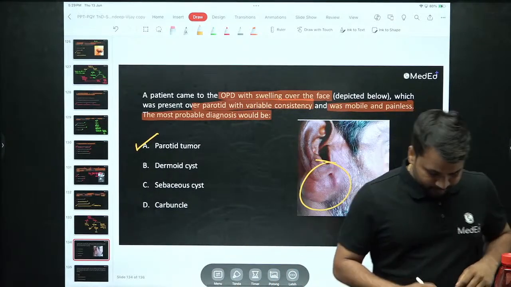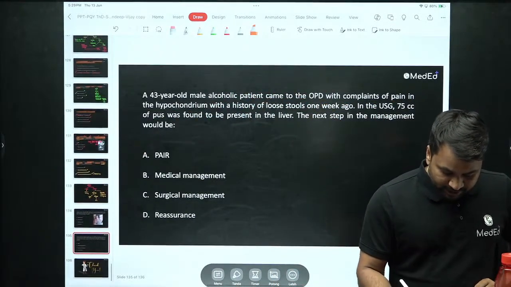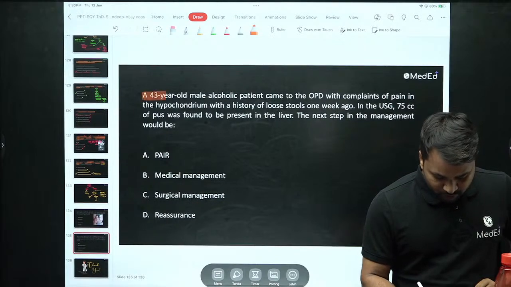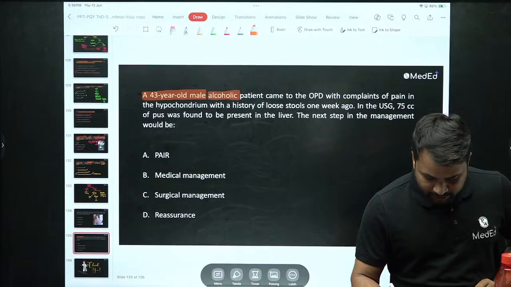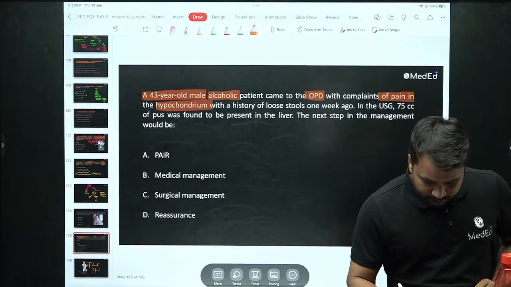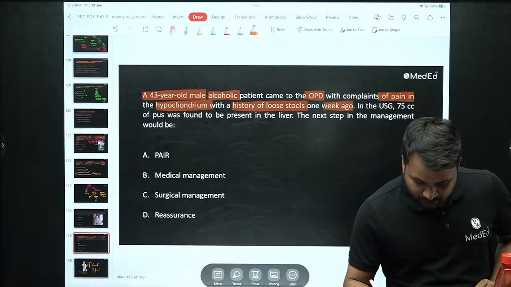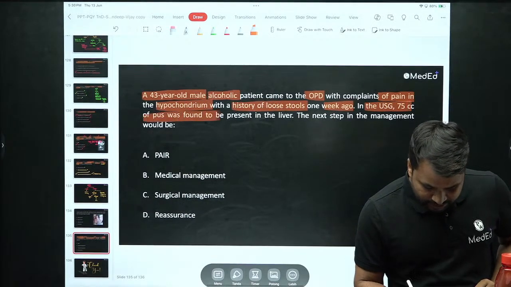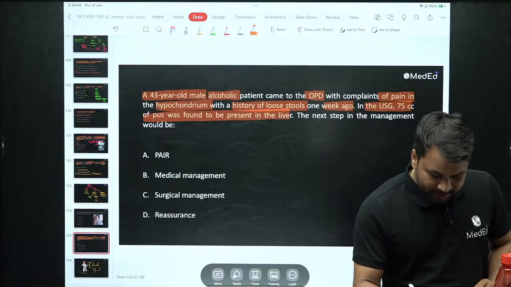Absolutely correct. So the last question for this discussion: a 43-year-old male, alcoholic, came to the OPD complaining of pain in the hypochondrium, with a history of loose stools a week ago. Ultrasound shows 75 cc of pus in the liver. What is the management?